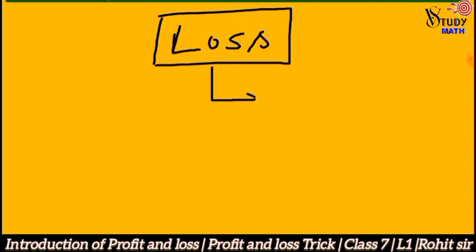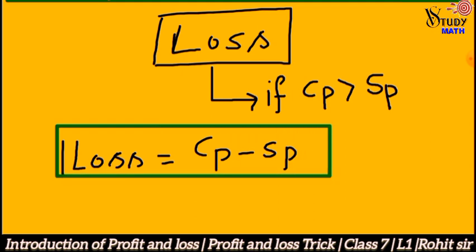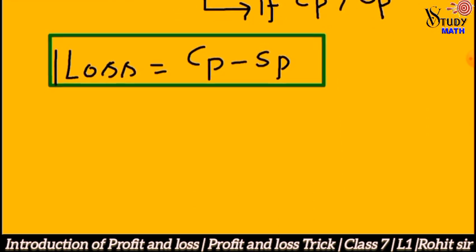Here the concept is that if CP is greater than SP, then we can say we have loss on that particular article. And the formula of loss is to subtract SP from CP. This is the formula of loss. Just write it down in your note copy.